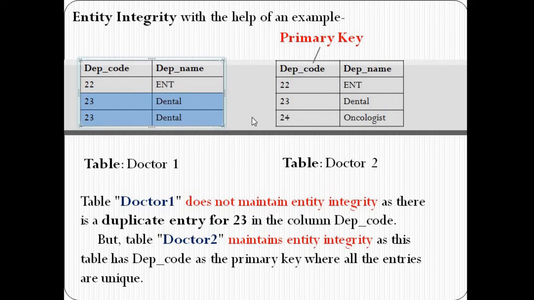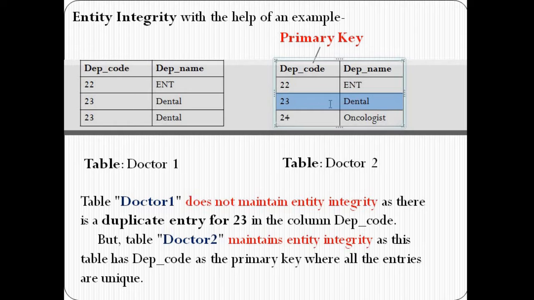Instead, try to make a table of this format, that is like the table Dr. 2. If you look at this table, all its rows are unique. There is no repetition. The row 22 ENT is occurring only once.